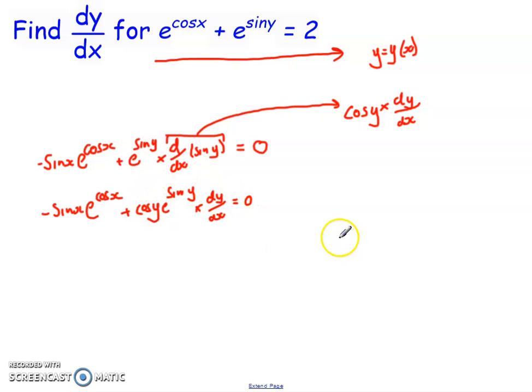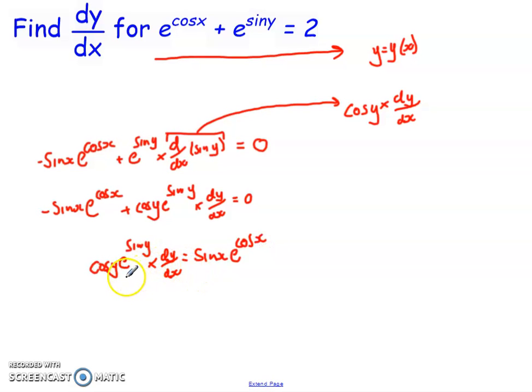So I'm going to shift everything across that doesn't have a dy by dx in it and then rearrange it so I'm just left with dy by dx on this side. So if I shift this across, I've got cos y e to the sin y times dy by dx equals sin x e to the cos x.